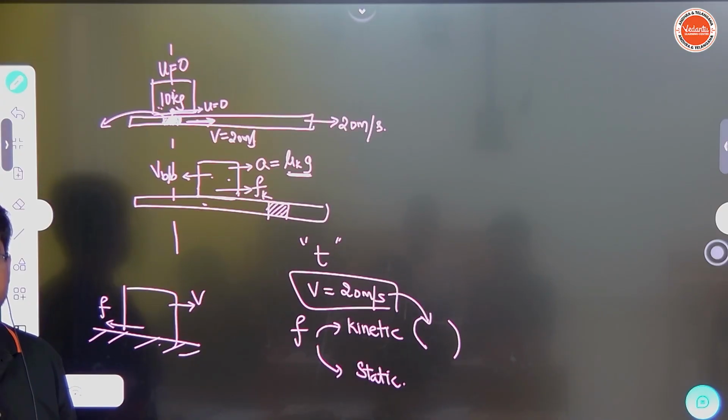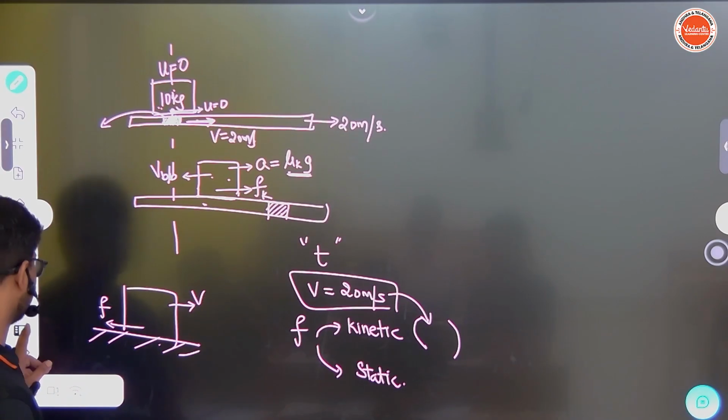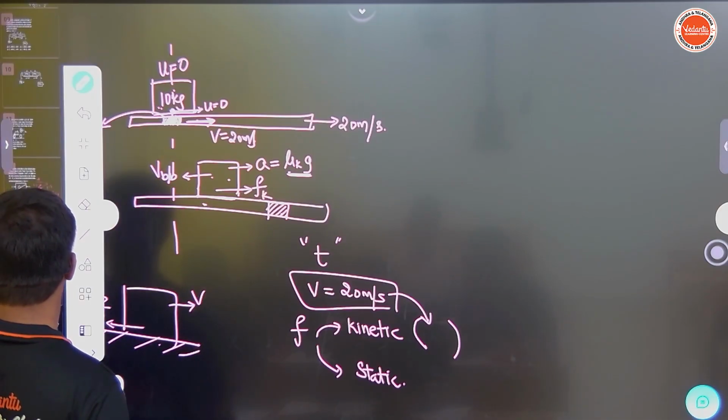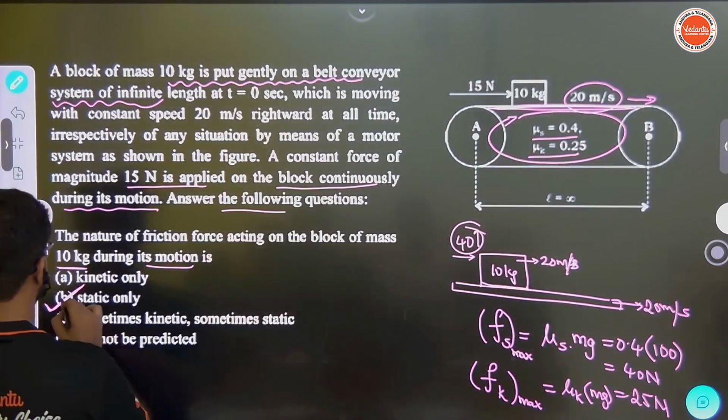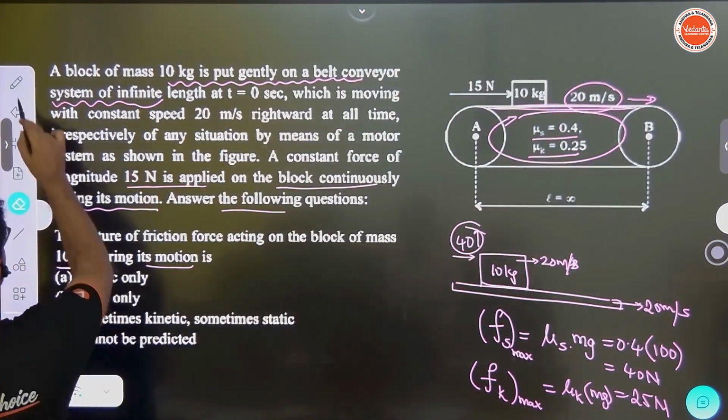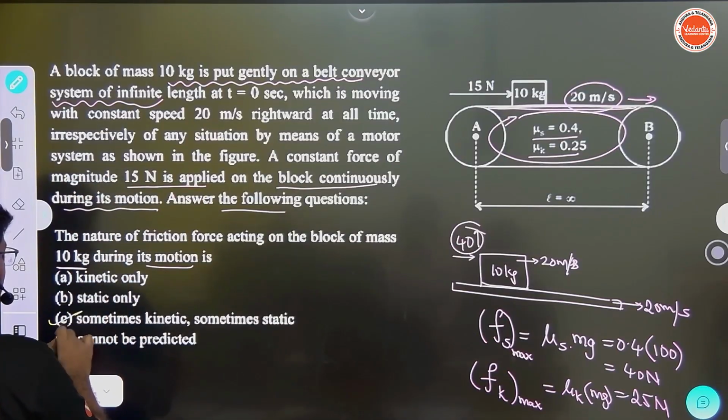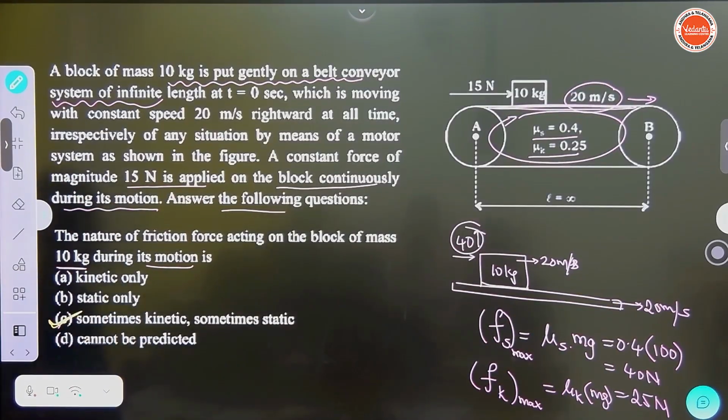Understood? Clear with this? Right. So the answer for this question is: sometimes kinetic and sometimes static. Clear with this?